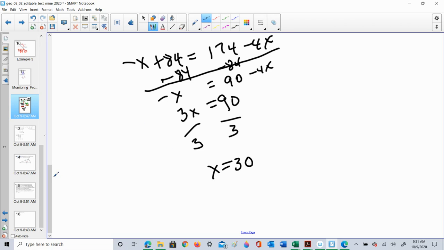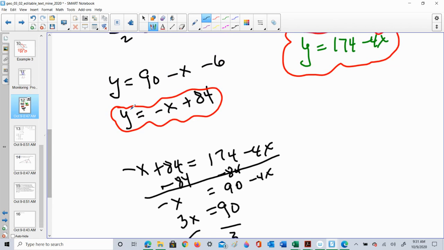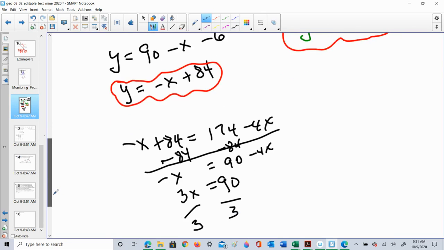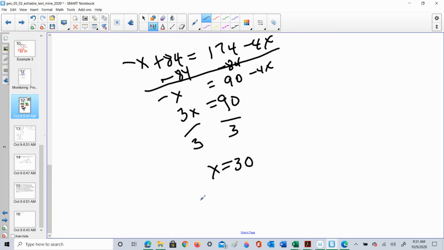So if x is 30, what is y? Well, we can go back and use either one of these equations. I'll use this one, it's a little bit simpler. y equals negative 30 plus 84, and so y is equal to 54.